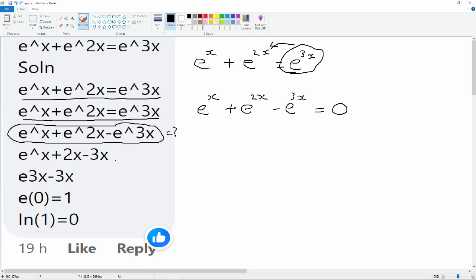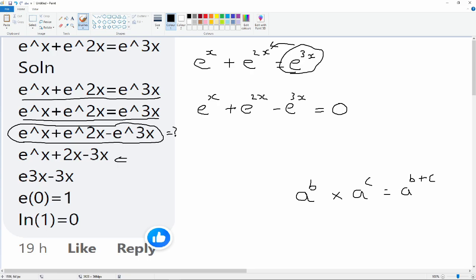Okay, now here we have a huge mistake, and it's a very common one. So let's just quickly talk about the law of indices. a to the power b multiplied by a to the power c is equal to a to the power b plus c.